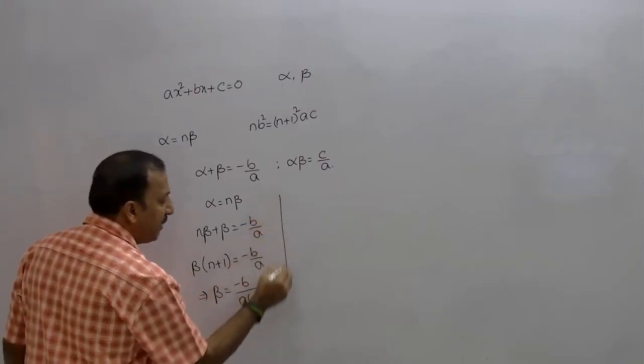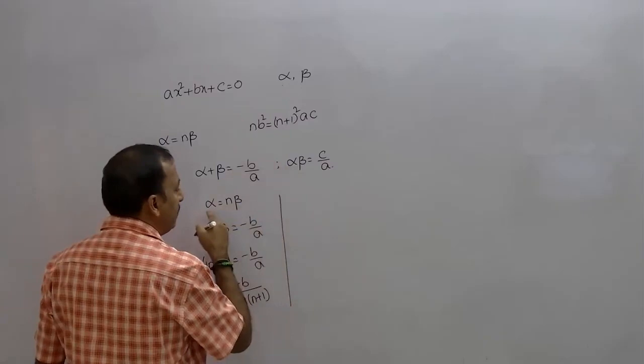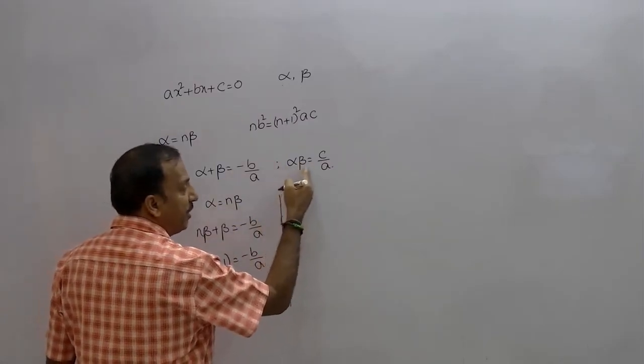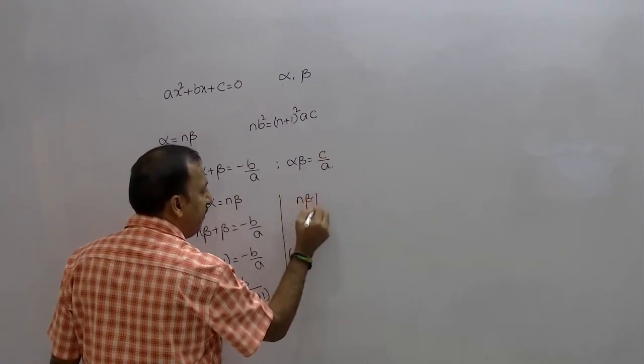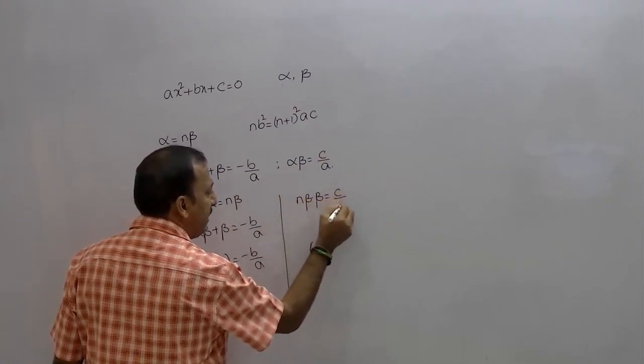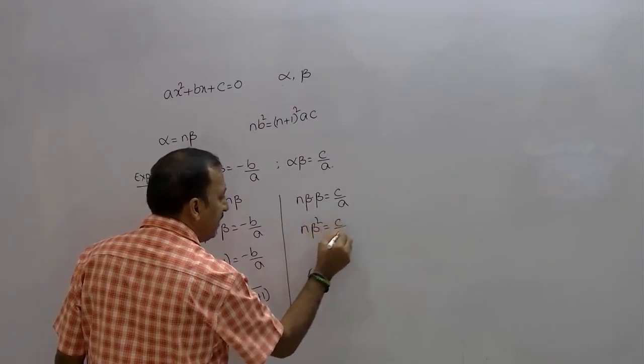Now substitute the same alpha is equal to n beta in the second one, that is the product of the roots. So what will you get? n beta into beta is equal to c by a. n beta square is equal to c by a.